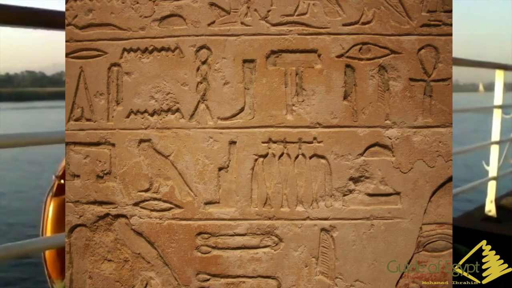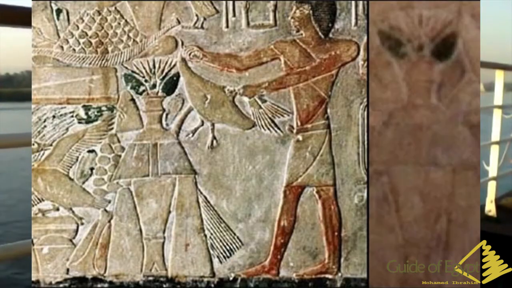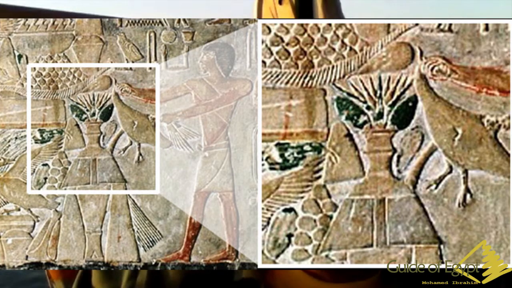Also, there was a very famous picture of an alien in one of the ancient tombs at Saqqara, I think. And we discovered that because of the low quality of the picture, we thought it was an alien shape, but we found that it is a bunch of lotus and papyrus flowers above jars, in an offering scene.